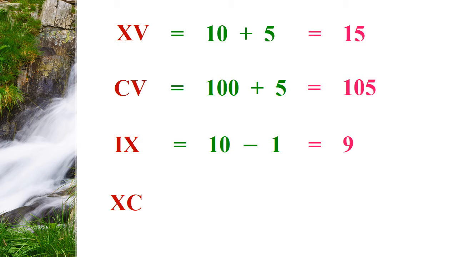Next one, XC. Here X value is 10, C value is 100. Here also the smaller number is before the larger number, so we subtract the smaller number from the larger number. That is 100 minus 10, we get 90.